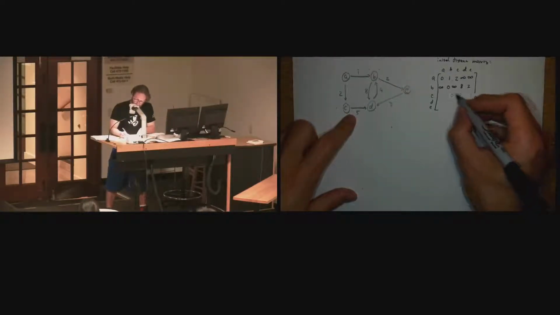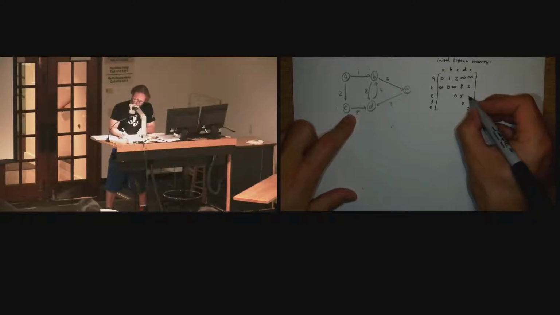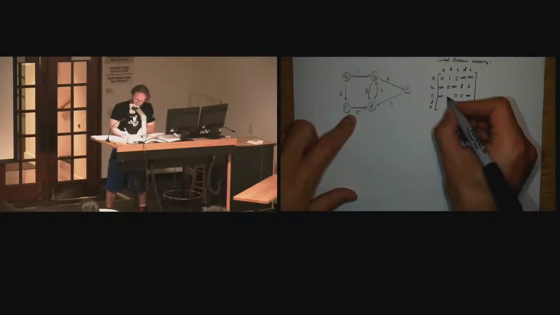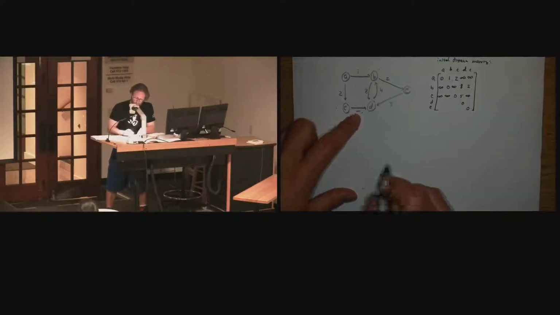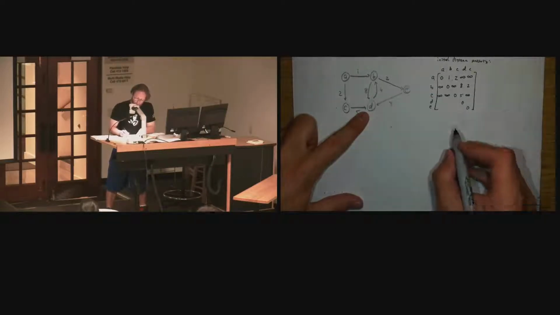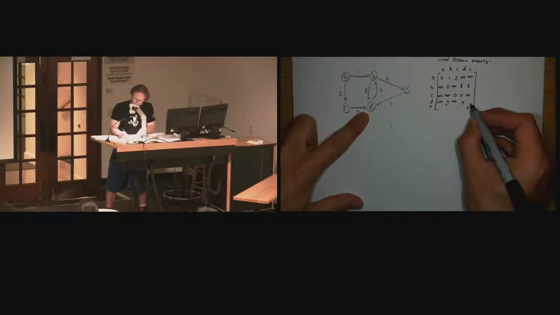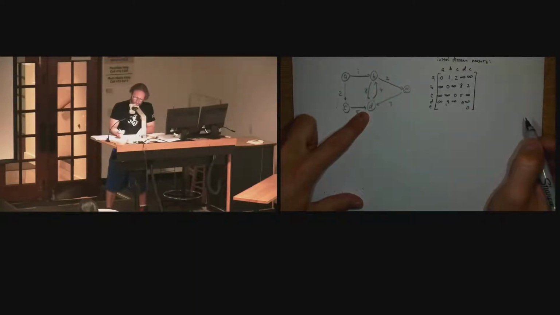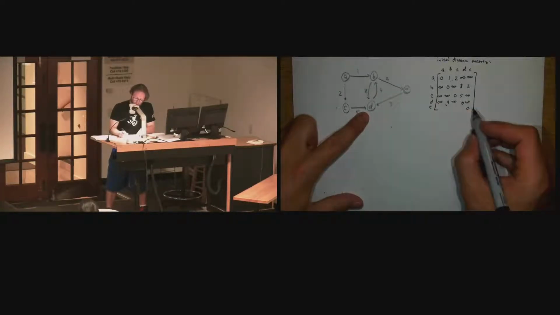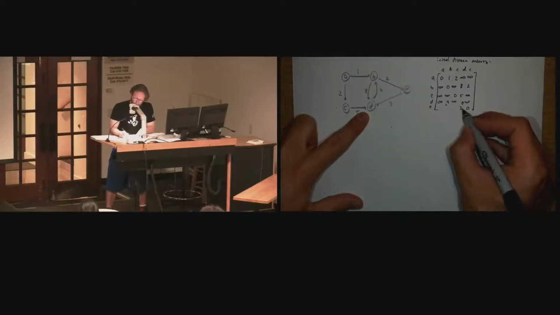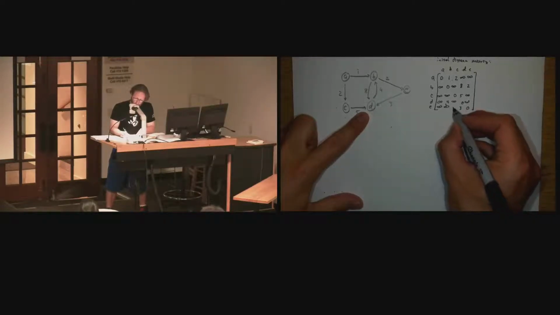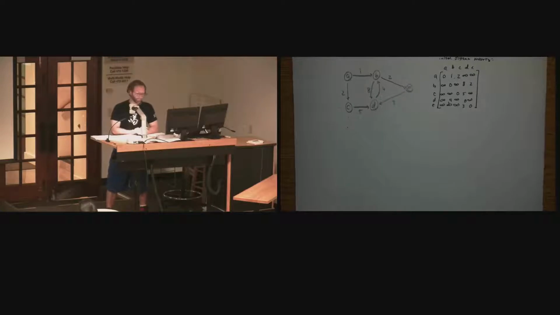So C to D at a cost of 5, but otherwise I can't go anywhere. Right. D, I can go to B at a cost of 4. But I can't go anywhere else. And E, I can go to D at a cost of 3, but everywhere else is infinite. Okay?